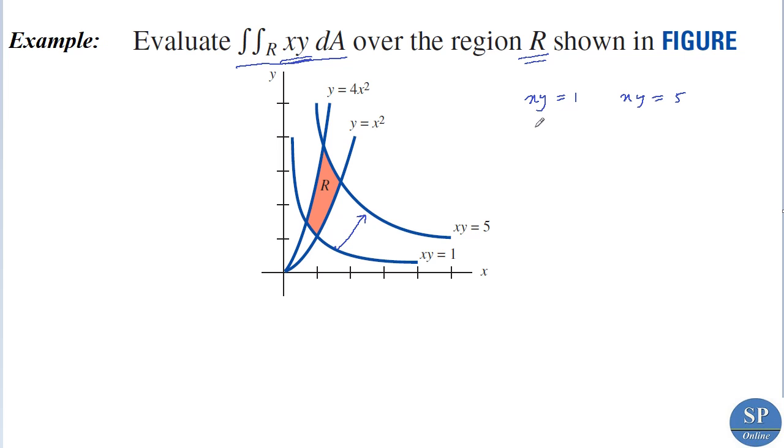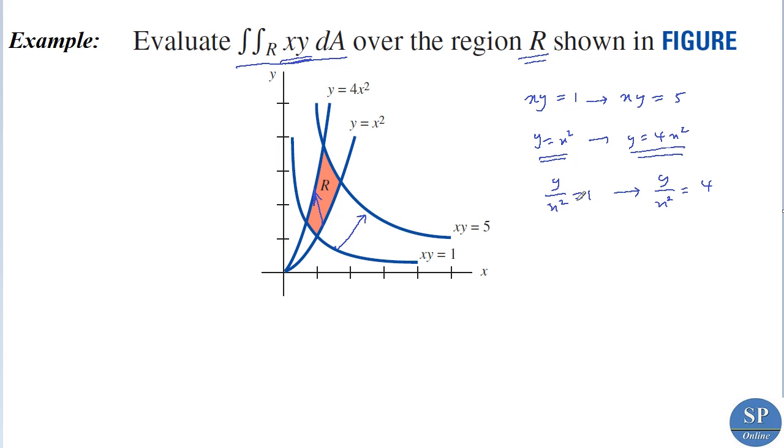Also we have this curve, y equal to x square, to y equal to 4x square. If we rewrite this, we can say y equal to x square to y equal to 4x square means we have y by x square equal to 1 to y by x square equal to 4.